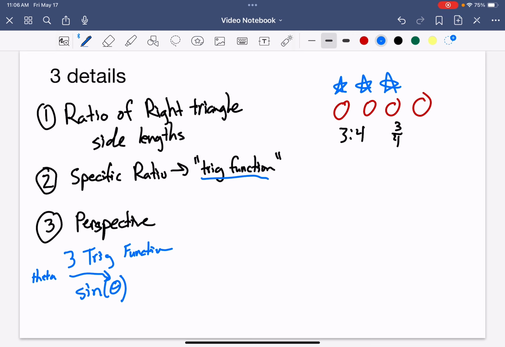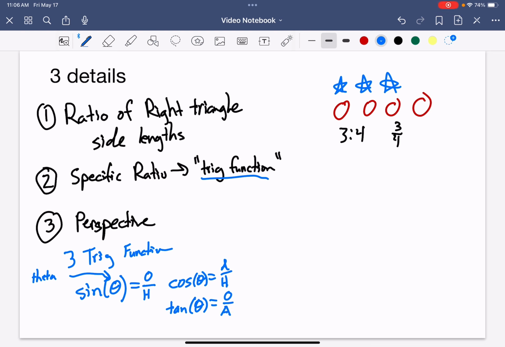You'll see how that's an angle in a bit. Sine of theta is equal to the opposite over the hypotenuse. We have cosine of theta, which is equal to the adjacent over the hypotenuse. And finally, we have tangent of theta, which is equal to your opposite over your adjacent.